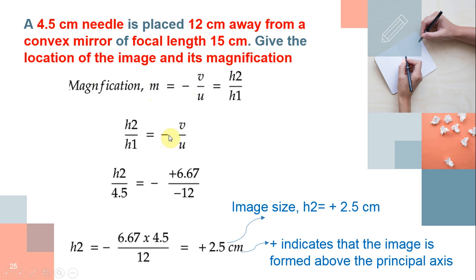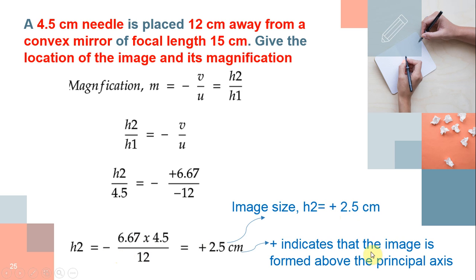H2 by H1 is equal to minus V by U. Now substituting the values of H1, V and U, after solving these equations, we get H2 which is equal to 6.67 into 4.5 divided by 12. Here minus 12, minus we take as plus. The final value of the size of the image is 0.5 centimeter.